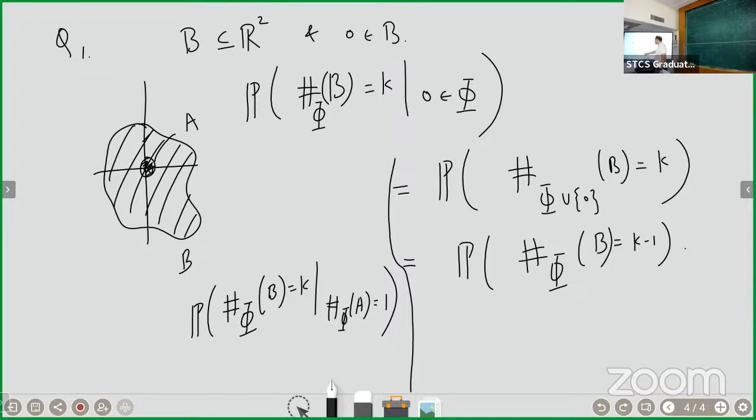So for small enough epsilon, in the limit epsilon goes to 0, these two better be the same.